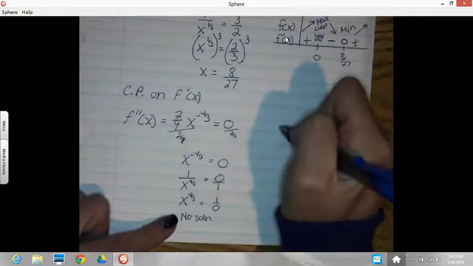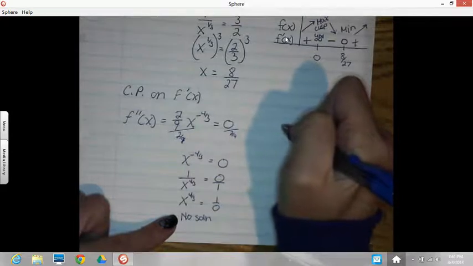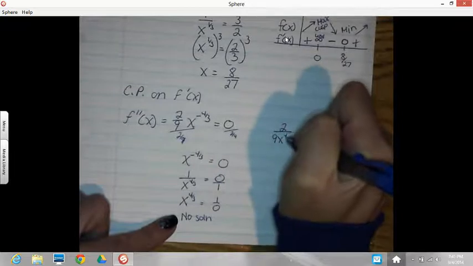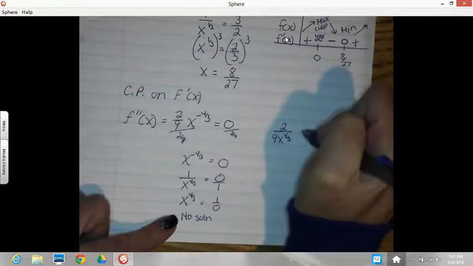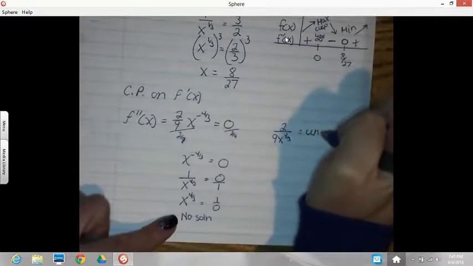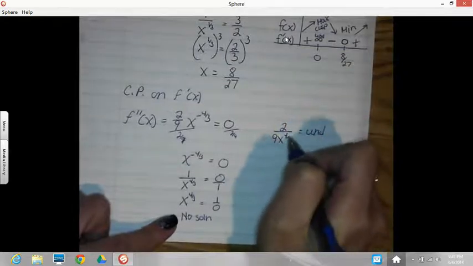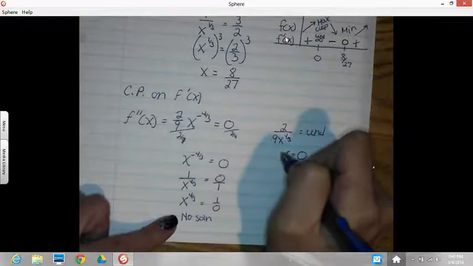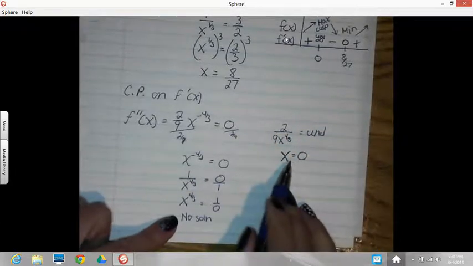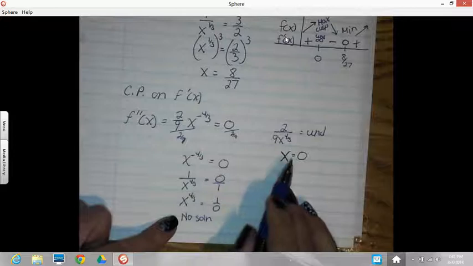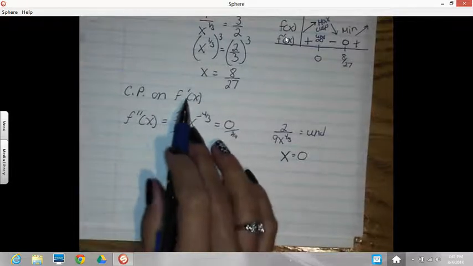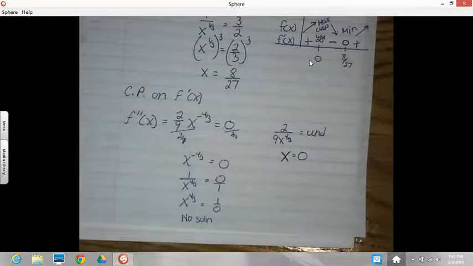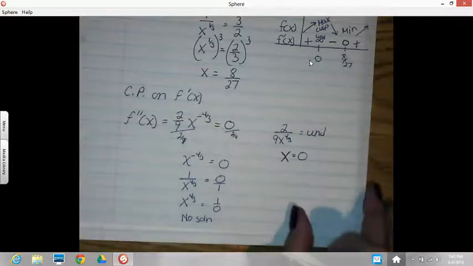What's going to make 2 over 9x to the 4/3 be undefined? What's going to make this denominator 0 is an x value of 0. So I do have the undefined at 0 here. So that means there's something going on the derivative graph at 0, a cusp or that vertical plateau. Okay, finished that one.